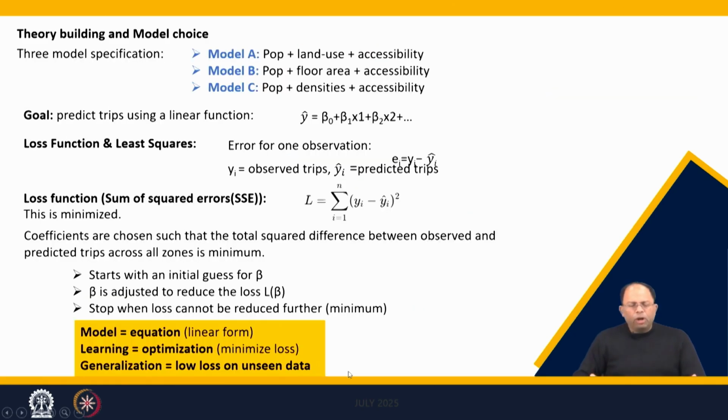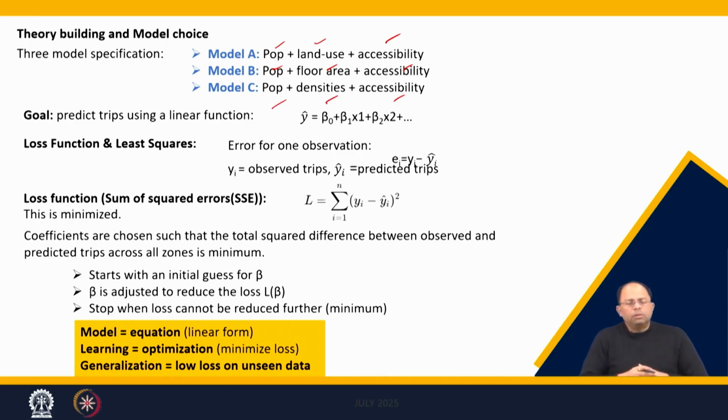So we could go for multiple model specifications. Model A will use population, land use, and accessibility as the predictors, whereas model B could be population, floor area, and accessibility. Model C could be population, density, and accessibility, and then we can test which one gives us the best results, and choose that one, right?